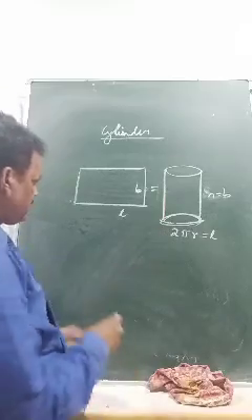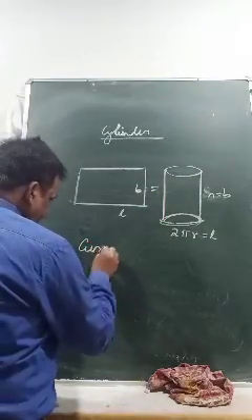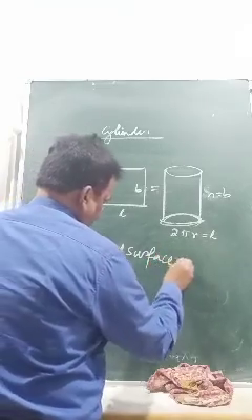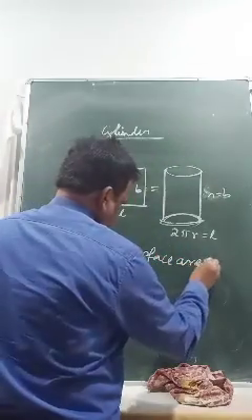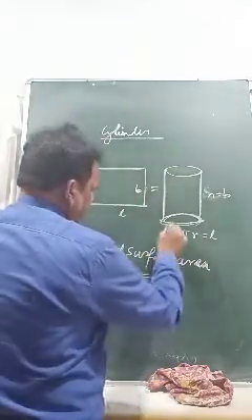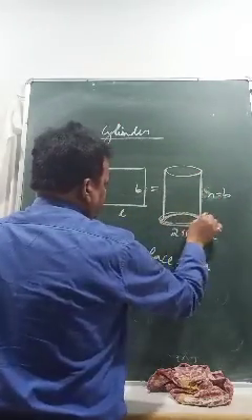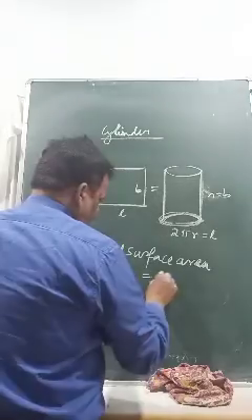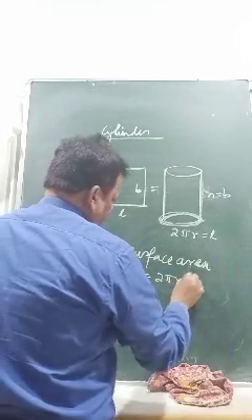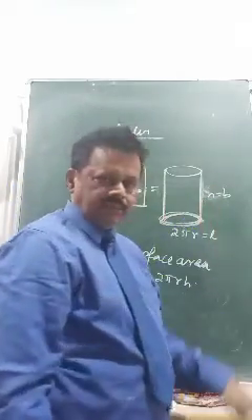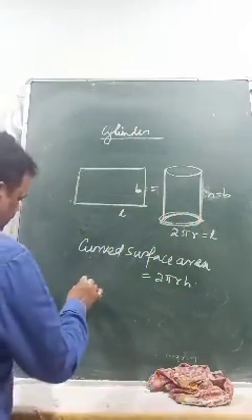So you can say curved surface area means base into height, 2 pi r into h, 2 pi r h.